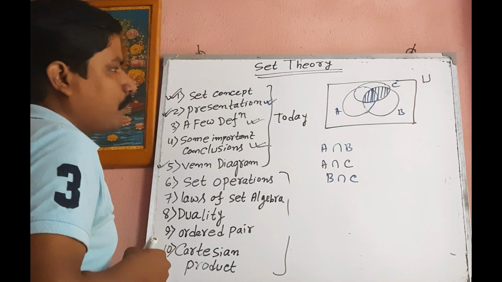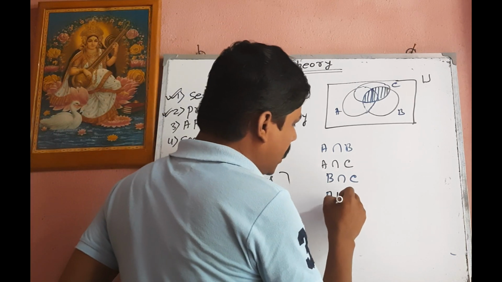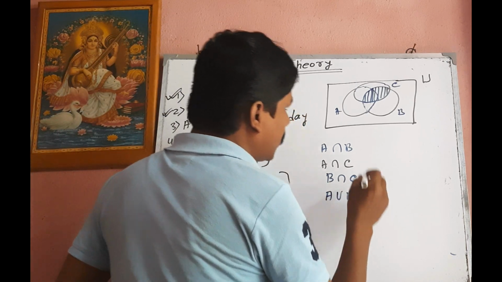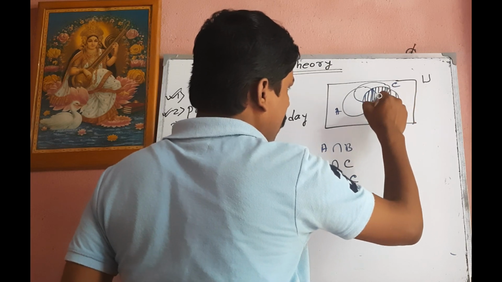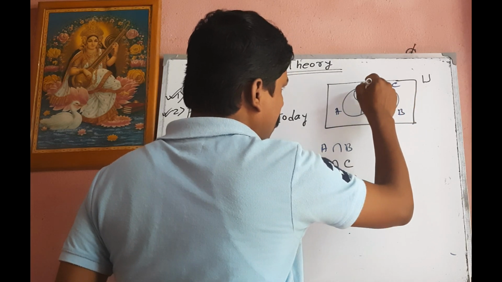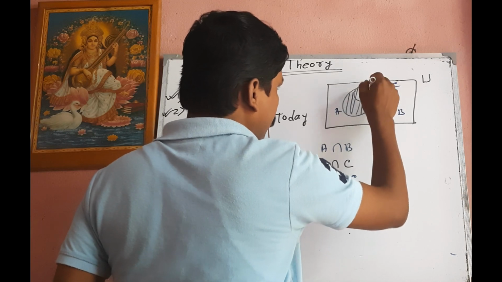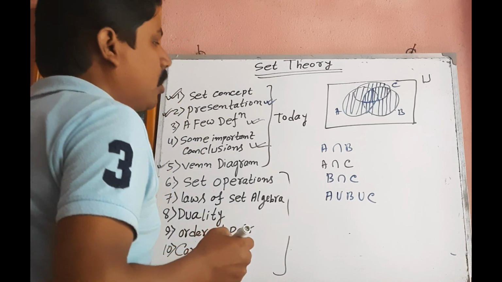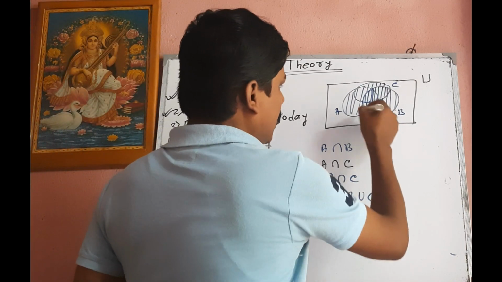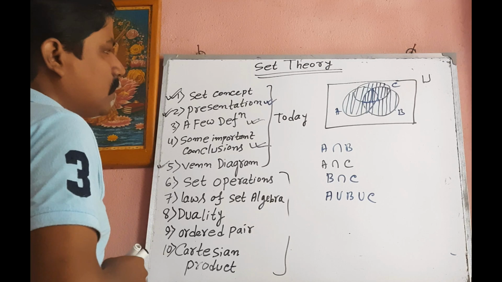And similarly, when you are discussing A union B union C, then all of it. This is A union B union C represented by the Venn diagram.